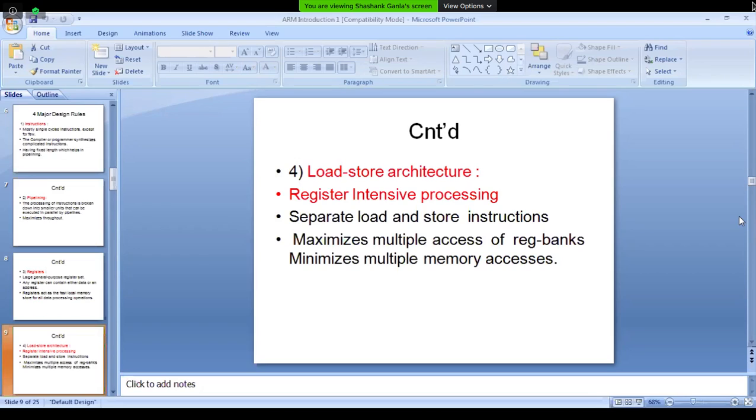After the load operation is completed, we operate on the data in the register, and after the operations are done in the register, finally we update the data back into the memory location. This is called the load store architecture policy. Is it understood?